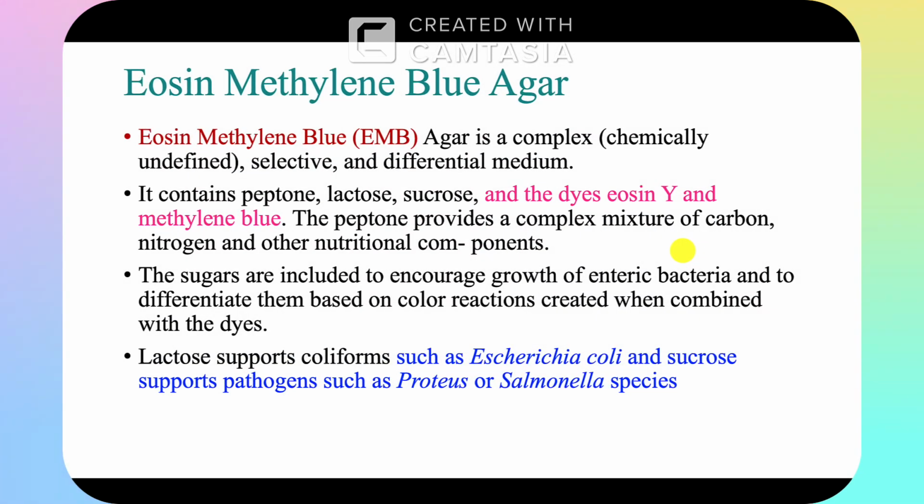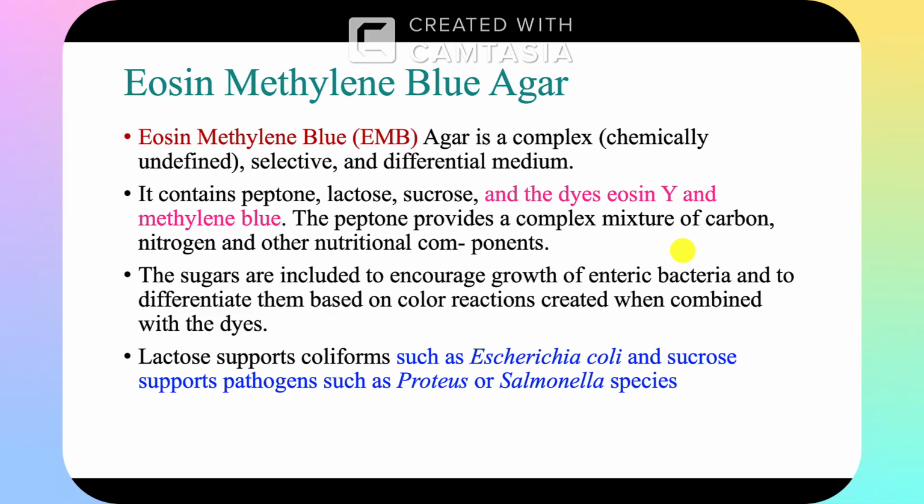The selective media which is used for E. coli is EMB. So this is eosin methylene blue, EMB. It's a complex, chemically selective and differential medium.